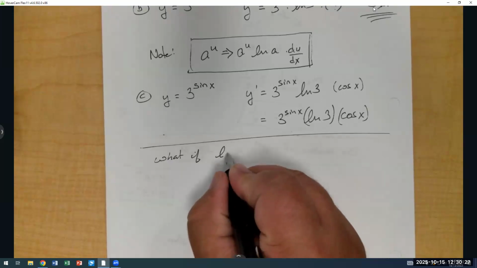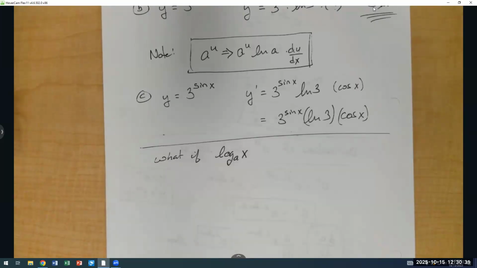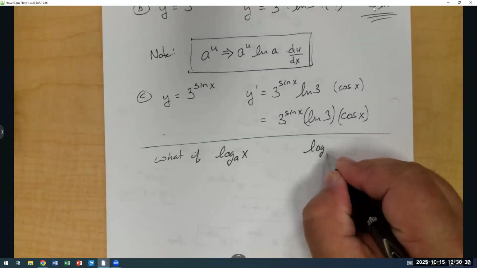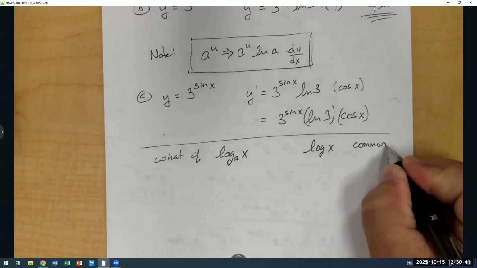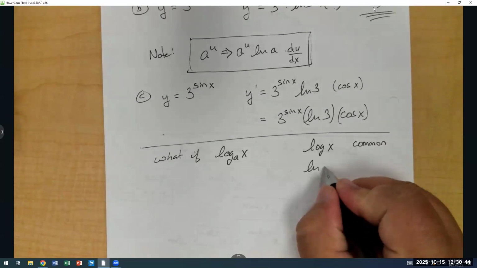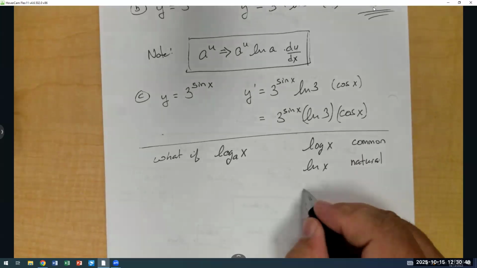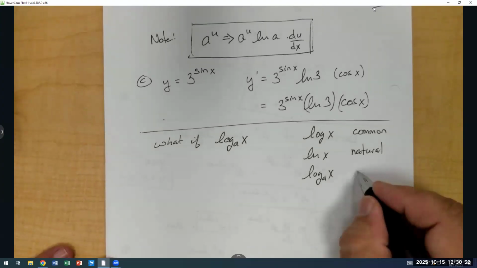What if we had, instead of ln, log base 8, or log base 10? Remember, in algebra we have 3 types of logarithms. We have the common log, we have the natural log, and then we have all other logs.